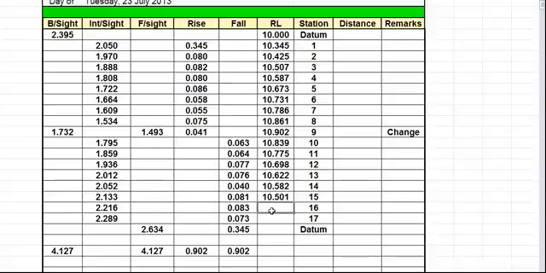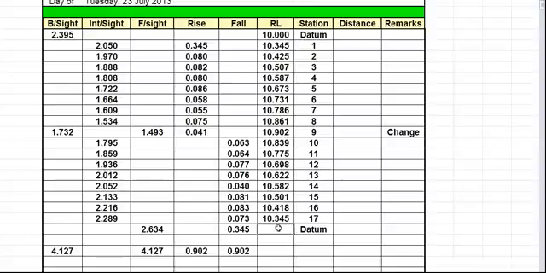10.501 minus 83 will give us 10.418. Minus 73 will give us 10.345.